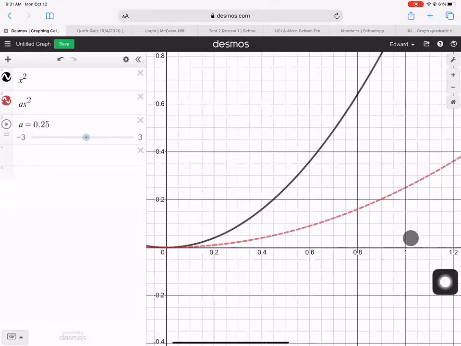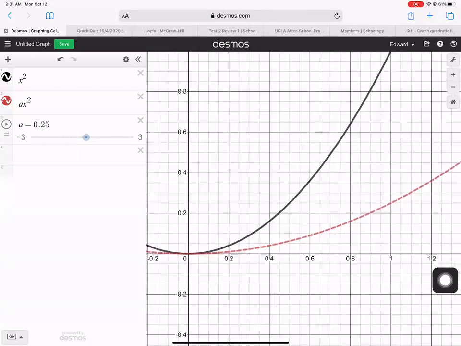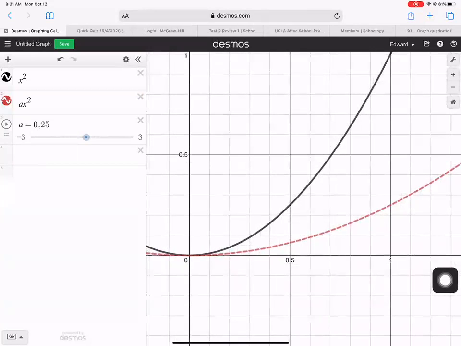That's supposed to be 0.25, right? 0.25, 0.30, 0.35, 0.4. That's 0.25. So if you're graphing this by hand, if there's a 1/4 in front, one step over would just mean 1/4 up. If it was a 1/3, it would be 1/3 up. This is probably a better view of it. One step over is 0.25 up.